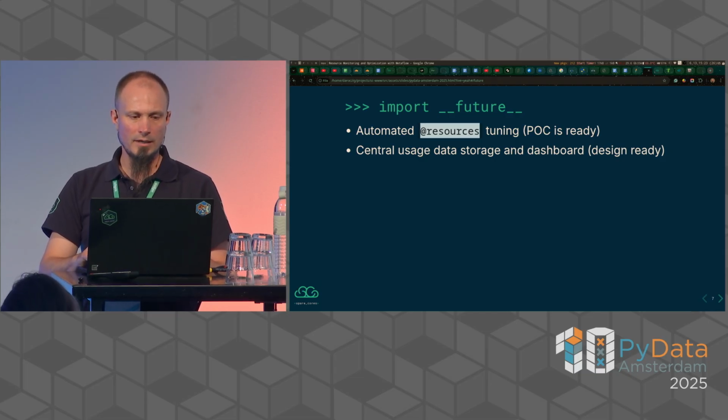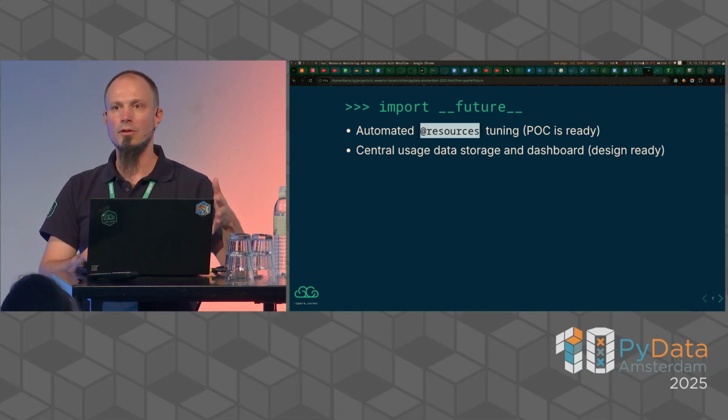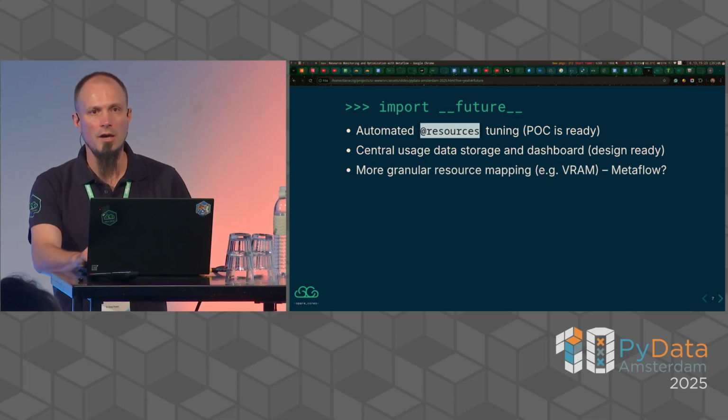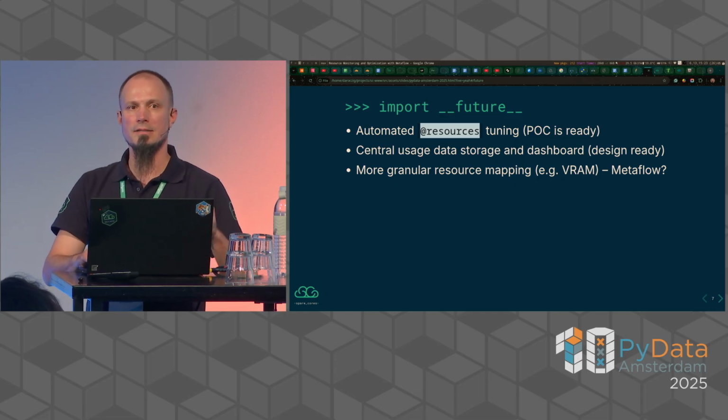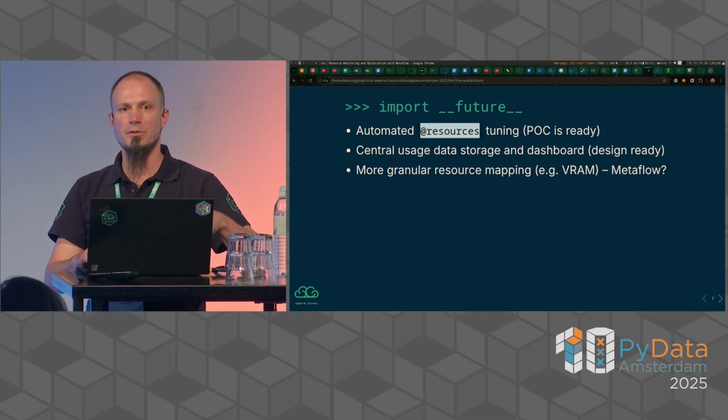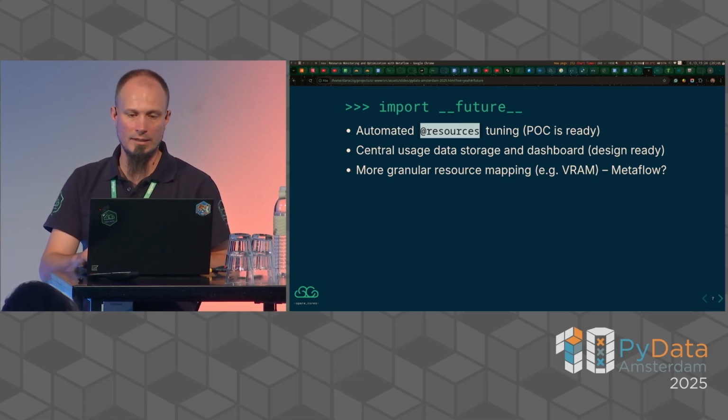The next thing is implementing a central location for storing this data and creating dashboards and proactive alerts if things are going wrong. What I would like to highlight is that this is not a general FinOps tool, so it's not for things running 24/7, but specific to data science and machine learning. It's for when you are interested in the resource usage of your steps within a workflow, which is, I think, pretty specific.